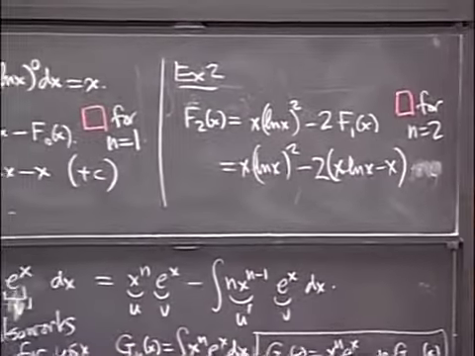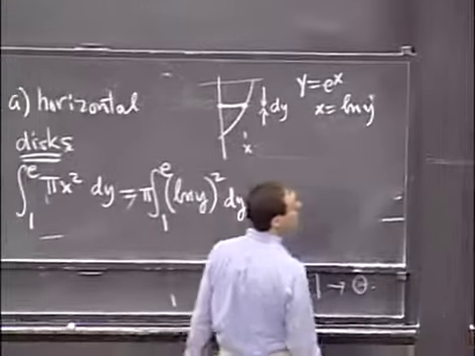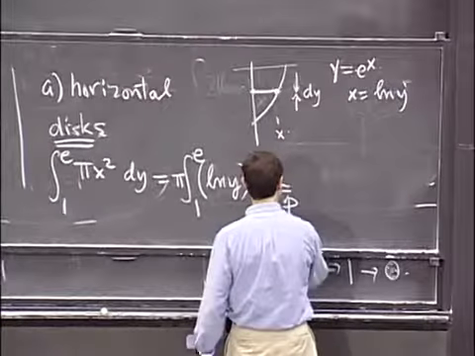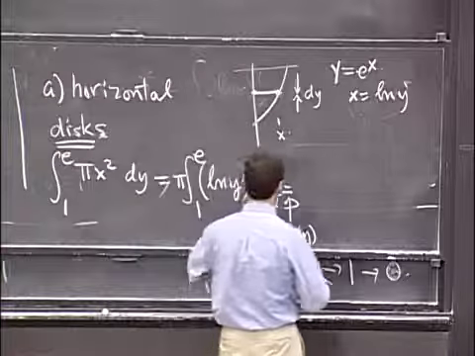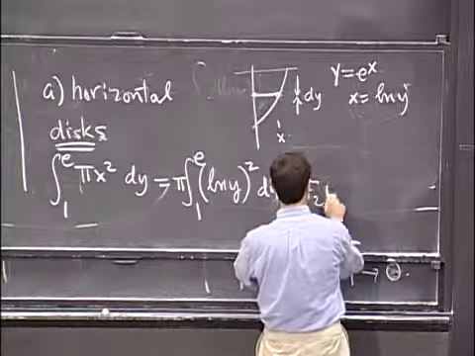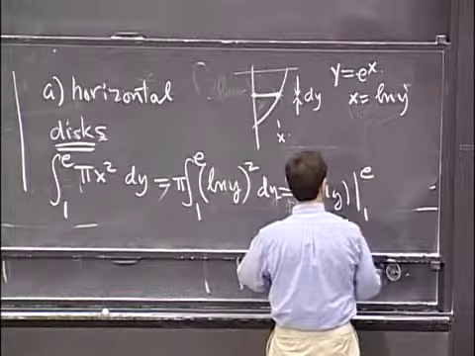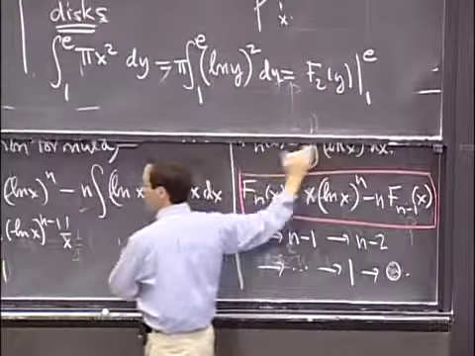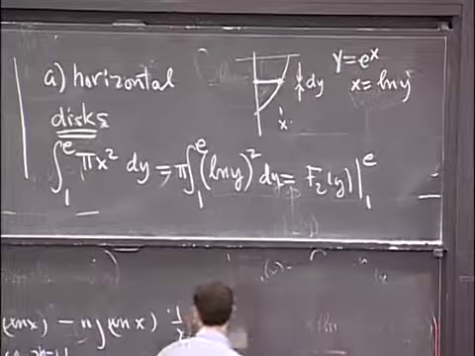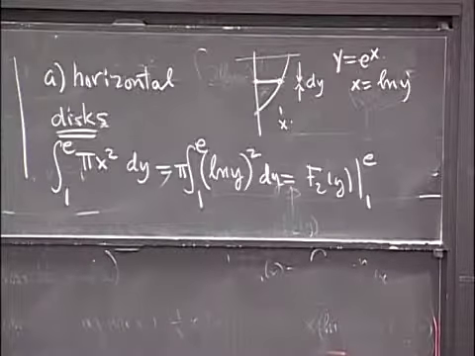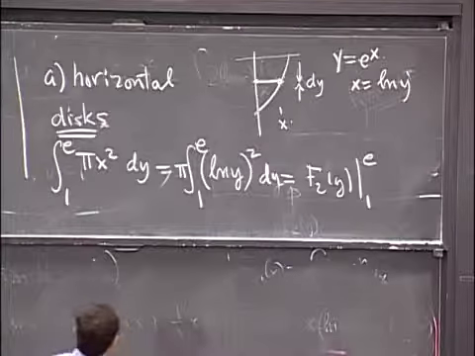So the answer, which we already had, is this f2 of y here. So maybe I'll write it that way. So this is f2 of y between 1 and e. And now let's figure out what it is. It's written over there.